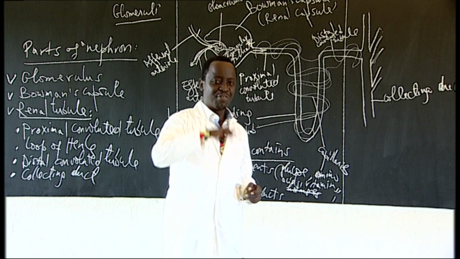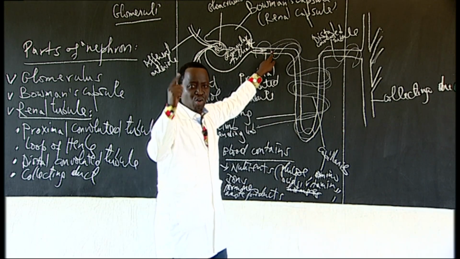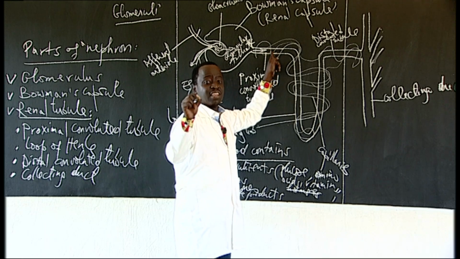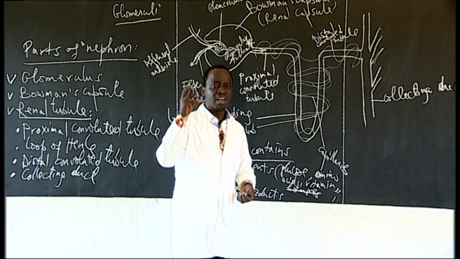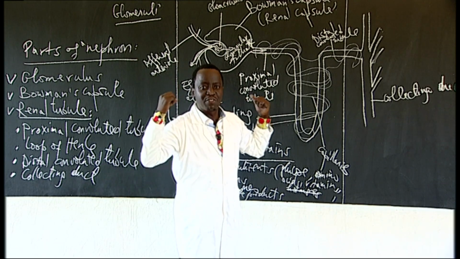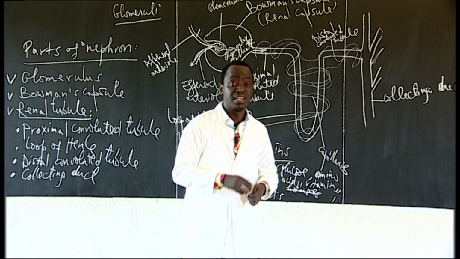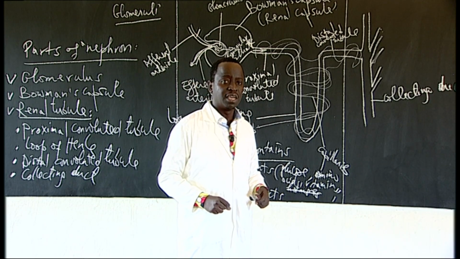All those useful materials, if they reach here at the proximal convoluted tubule, there is what you call reabsorption, selective reabsorption. Some of the material has to go back into the blood. Why do they have to go back into the blood? Because they are needed. They are useful for our body. Are you getting the point?